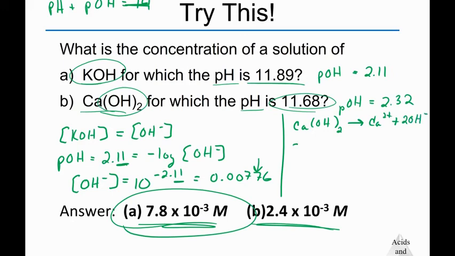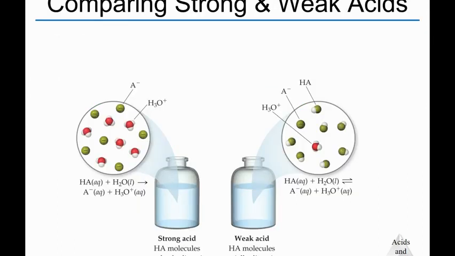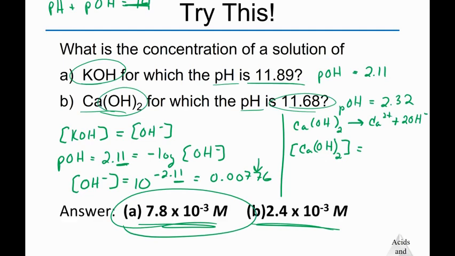And so the concentration of calcium hydroxide is going to be 1/2 the concentration of OH minus. Or in other words, the concentration of OH minus is twice that of my calcium hydroxide. So keep that in mind.